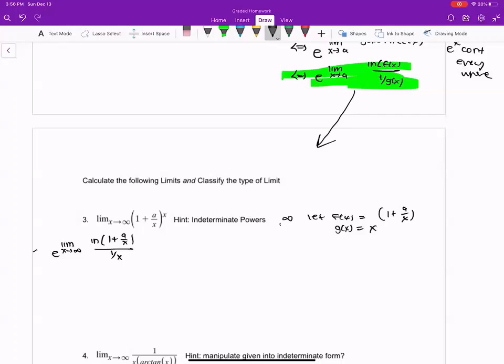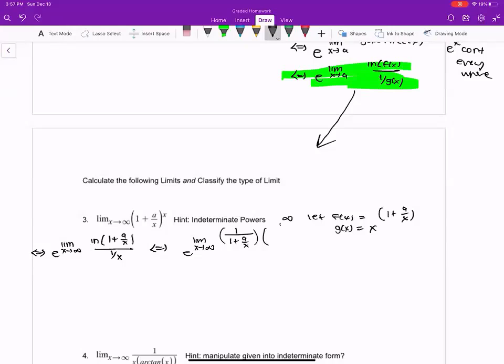Now you could apply L'Hospital's rule. So you'd get e to the limit as x approaches infinity. When you're differentiating a ln function, you get 1 over whatever's inside the ln, so 1 over 1 plus a to the x. And you differentiate whatever's inside.